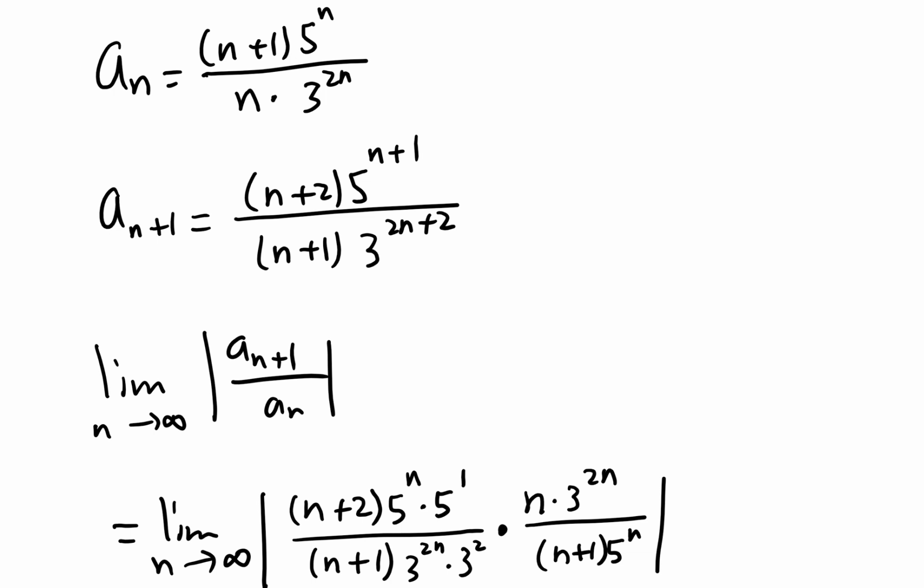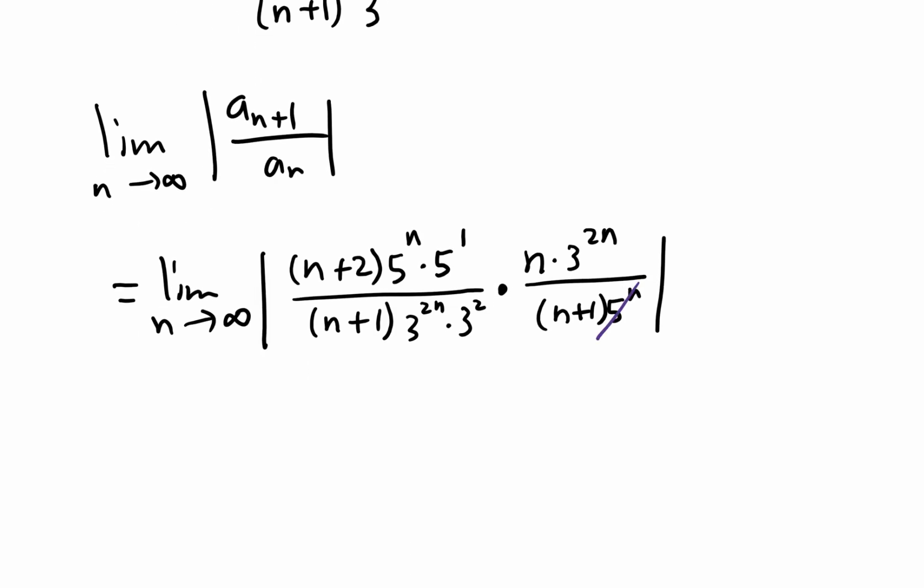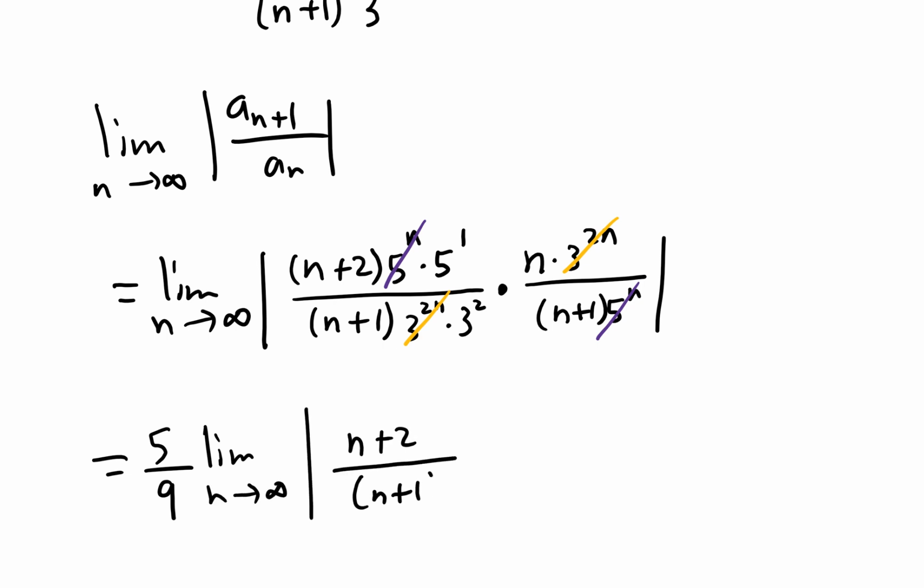Is that okay? So here the 5 to the n cancels 5 to the n, and 3 to the 2n cancels 3 to the 2n. Any constants I see, like the 5, you pull out. 3 squared is 9. That's all I could pull out. Let's see what is left: n plus 2 over n plus 1 times n over n plus 1.